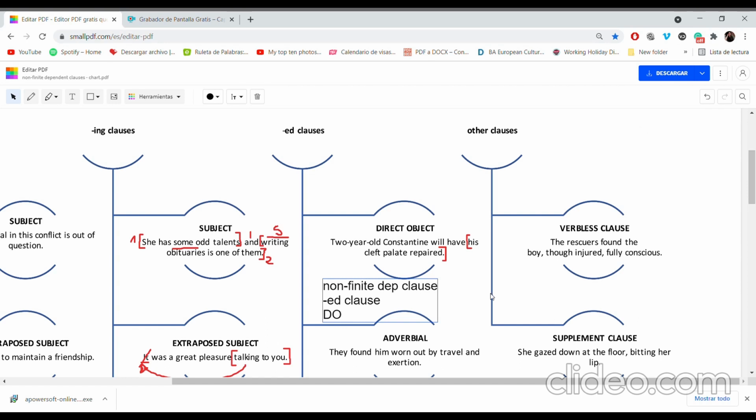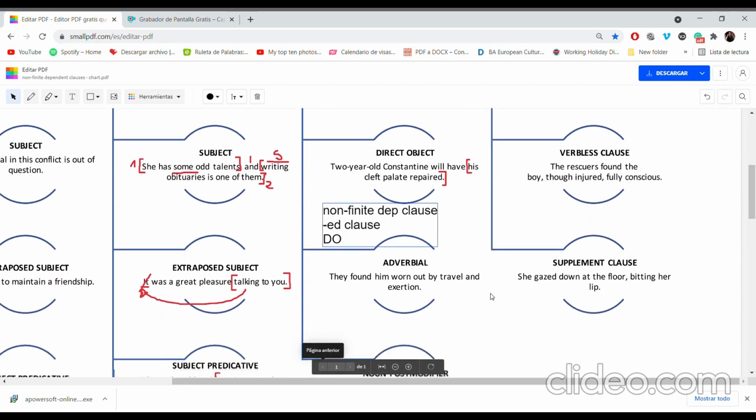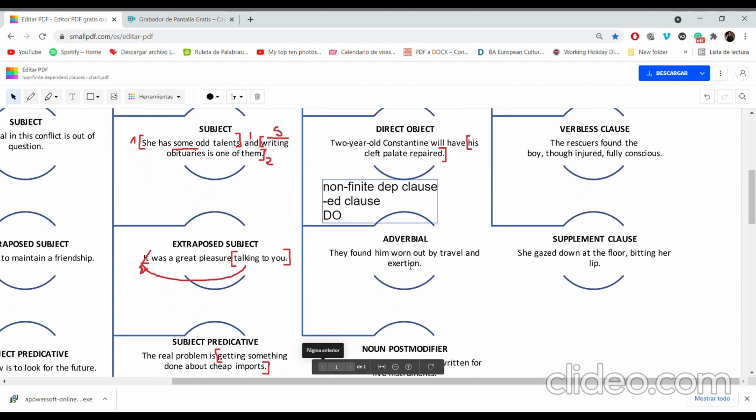Ed clauses can also serve as adverbials. See that in this example: they found him worn out by travel and exertions. We'll see firstly that this ed clause begins with an irregular verb form, worn, right?